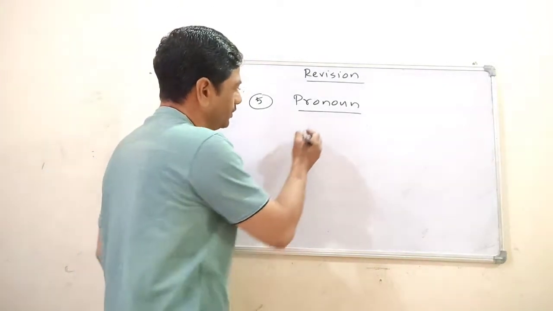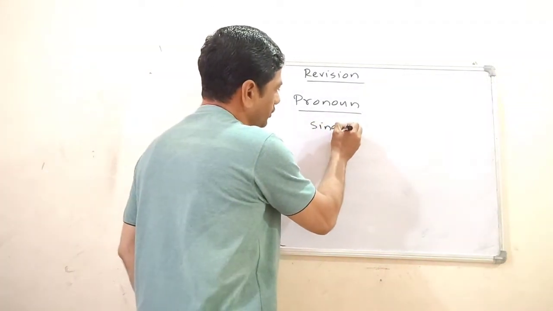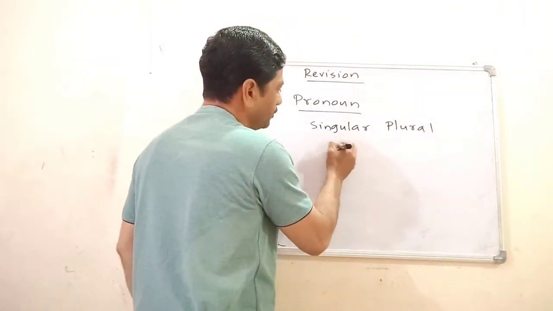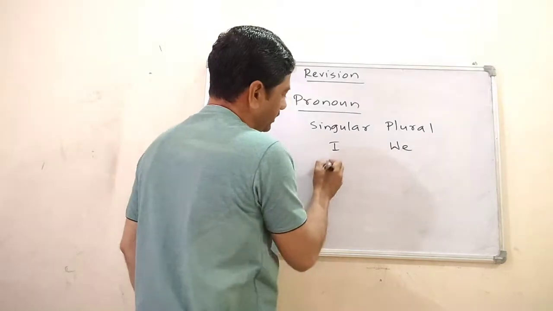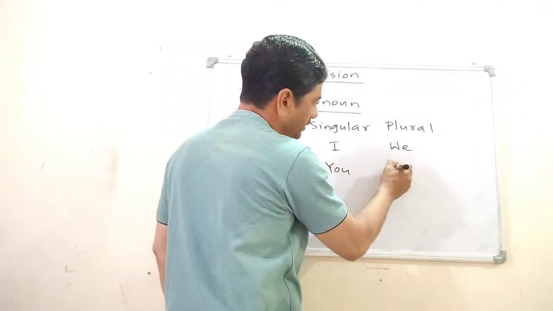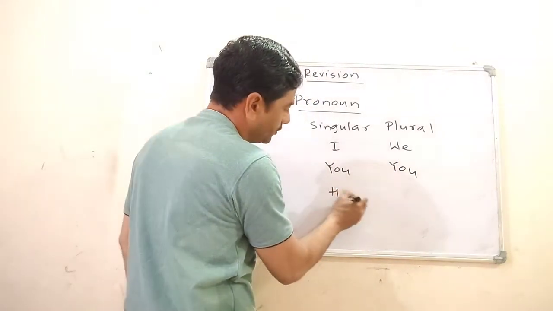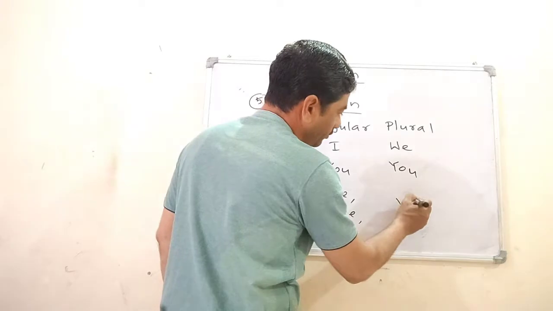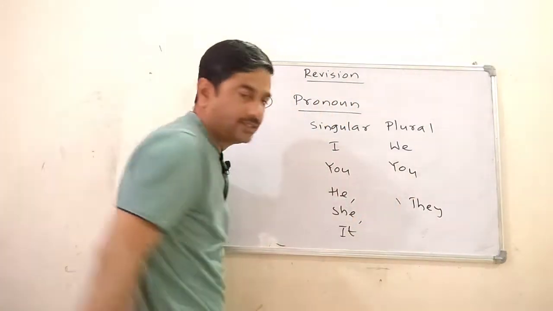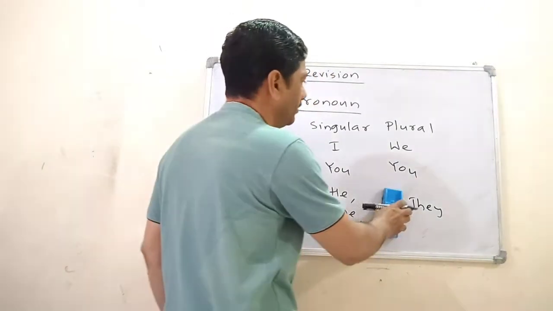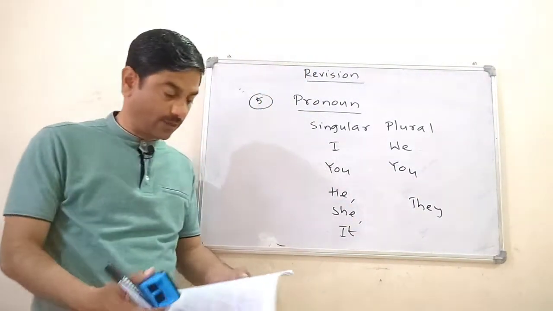Number: singular and plural pronouns. I is singular, we is plural. Then you, for you, singular and plural are the same. Then he, she, it are singular and their plural is they. So we studied numbers of pronouns.